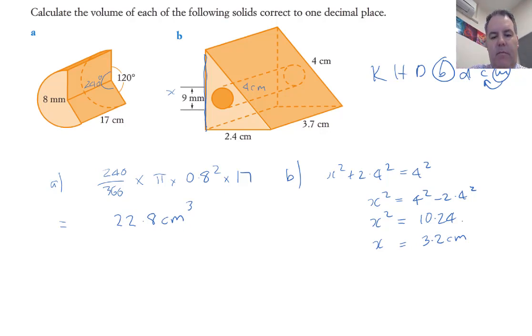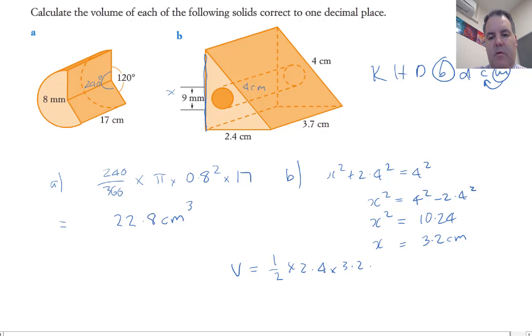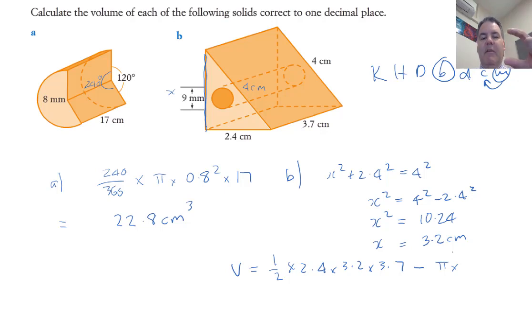So let's work out the volume. Is going to be 1/2 times the base, 2.4, times the height, which is 3.2, times by 3.7. So that will give us the volume of that triangular prism, and then we're going to subtract off the volume of the cylinder, okay, which we know is pi. Now remember, this is all centimeters, so we're going to stay in centimeters here. 9 millimeters is 0.9 of a centimeter, and that is the diameter.